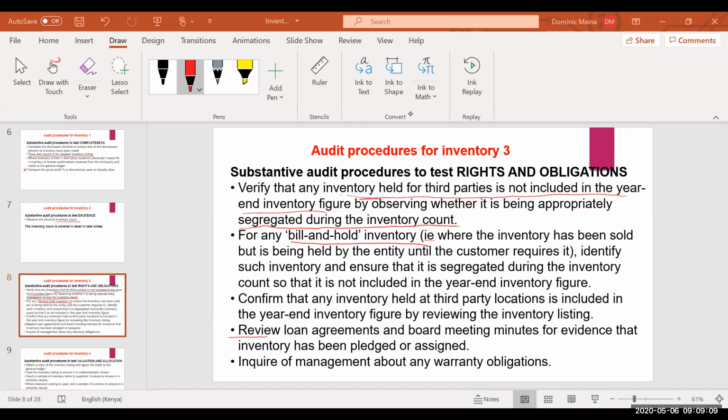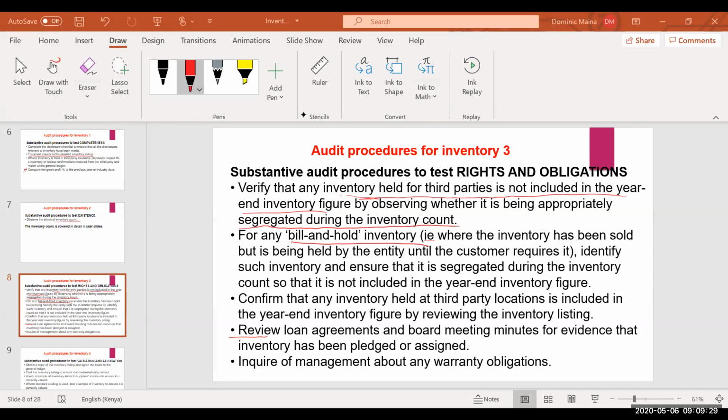In that context, as an auditor, you do an inquiry through the management, getting the client to help you understand whether any of the inventory is being used as a floating charge.